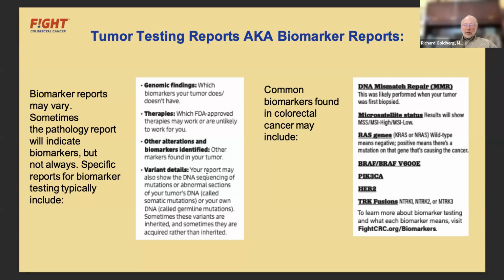But for example, we know that left-sided tumors are more likely to be RAS wild type and are more likely to respond to the drugs I mentioned, panitumumab or cetuximab, that are active in tumors that have RAS wild type or lack a RAS mutation in the tumor cells.